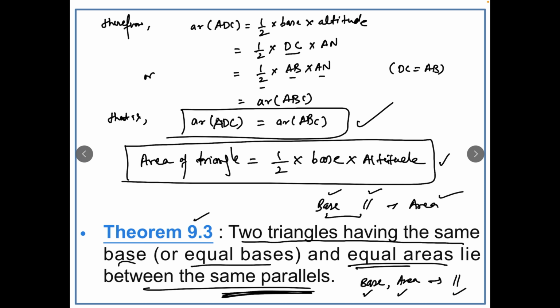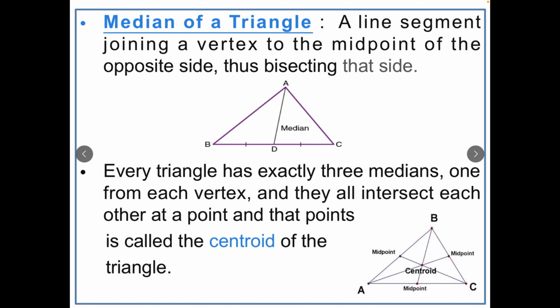Okay, now let's look at one important topic before moving to one example, before exercise 9.3. First you have to recall what you have already studied, that is the median of a triangle. Simply, a median of a triangle is, suppose we have this triangle ABC, we are joining the vertex A to the midpoint of its opposite side.